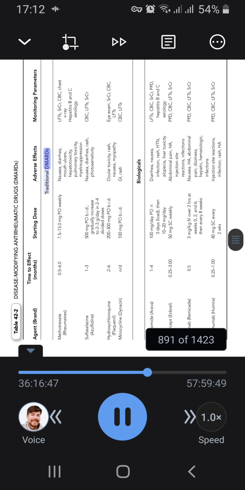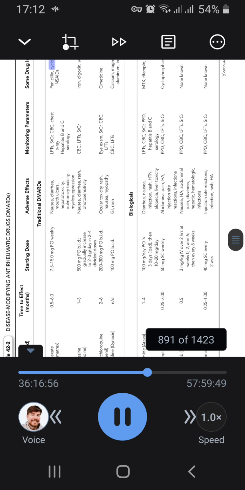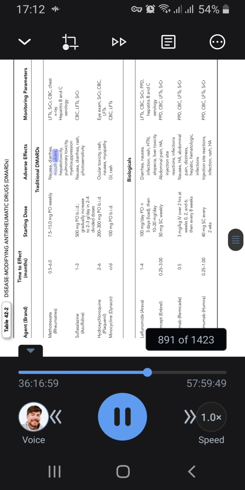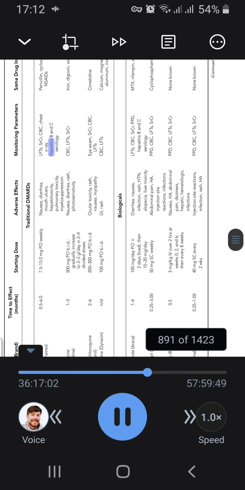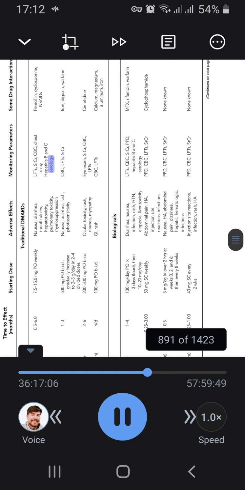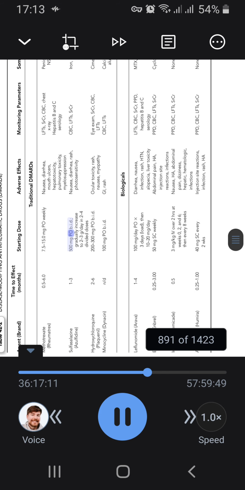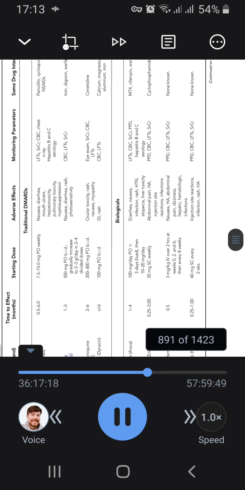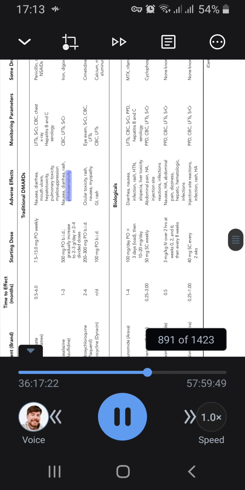Traditional DMARDs: methotrexate, Rheumatrex, 0.5 to 6 months, 7.5 to 15 mg weekly, nausea, diarrhea, mouth ulcers, hepatotoxicity, pulmonary toxicity, myelosuppression; monitoring LFTs, SCr, CBC, chest X-ray, hepatitis B and C serology; interactions penicillin, cyclosporine, NSAIDs. Sulfasalazine, Azulfidine, 1 to 3 months, 500 mg BID, gradually increase to 2 to 3 grams in 2 divided doses, nausea, diarrhea, rash, photosensitivity; CBC, LFTs, SCr; iron, digoxin, warfarin.